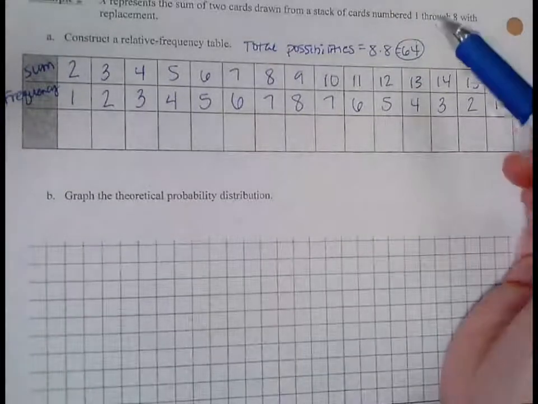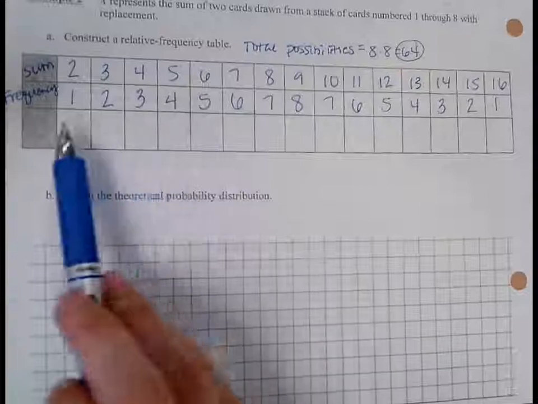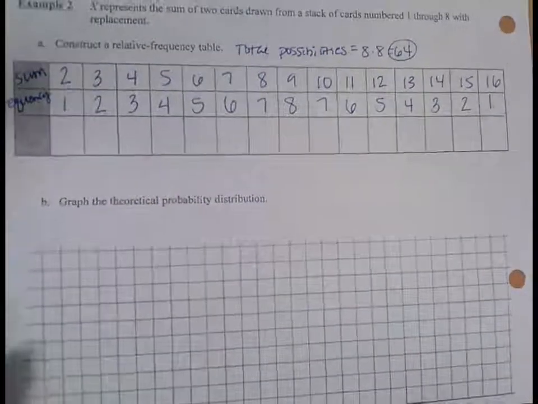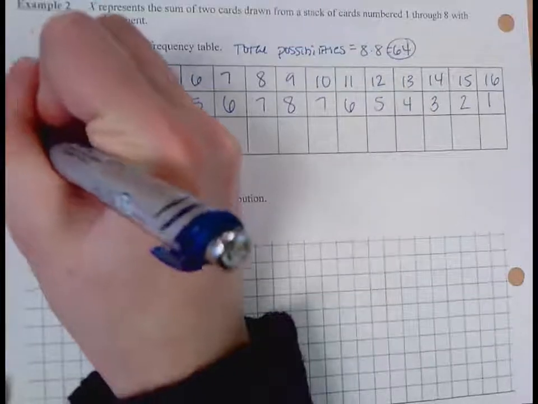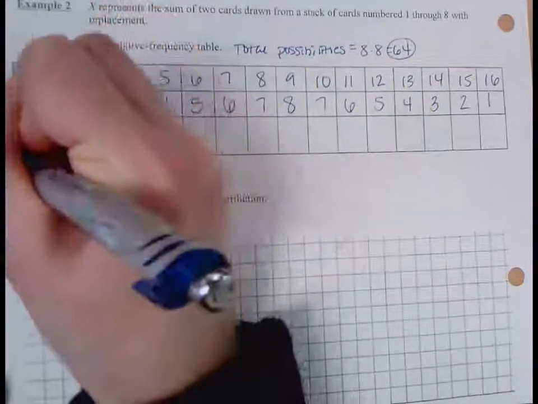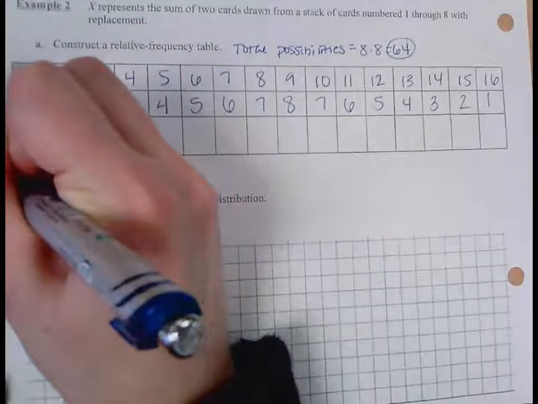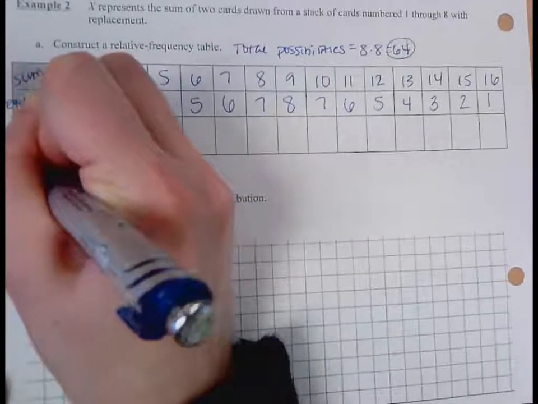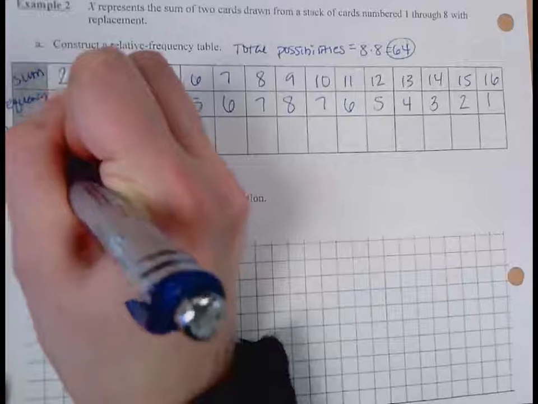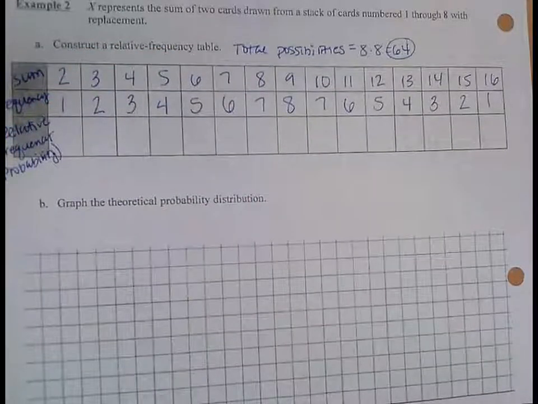Okay, and it's helpful if you can figure out your total possibilities, especially for this next part. This now is going to be the relative frequency, which is also the probability. Relative frequency would be the probability.